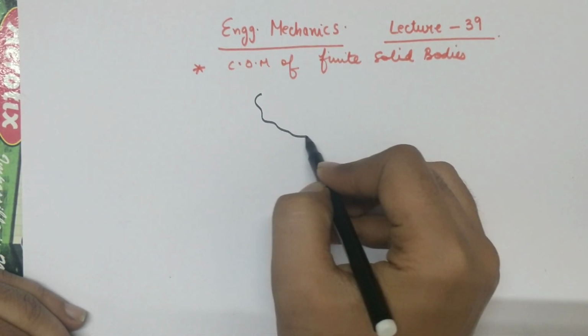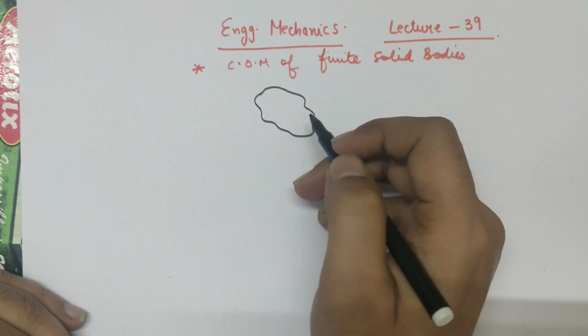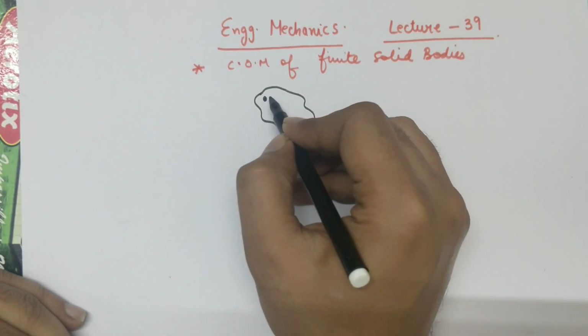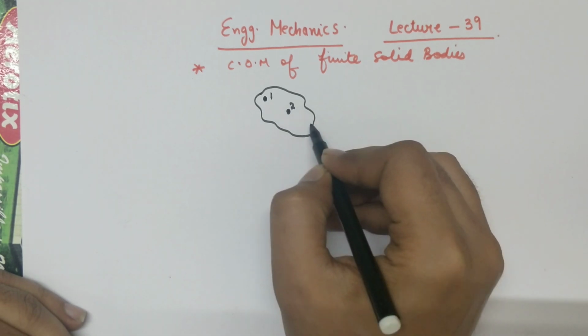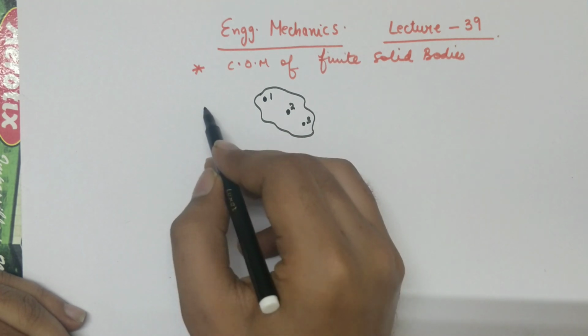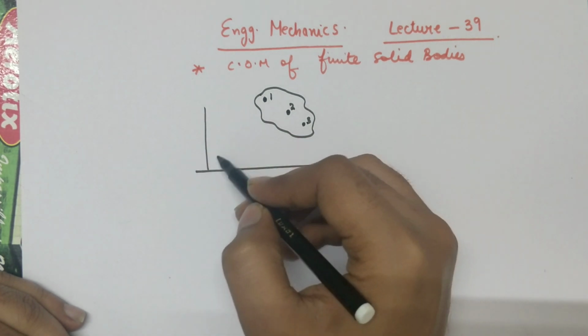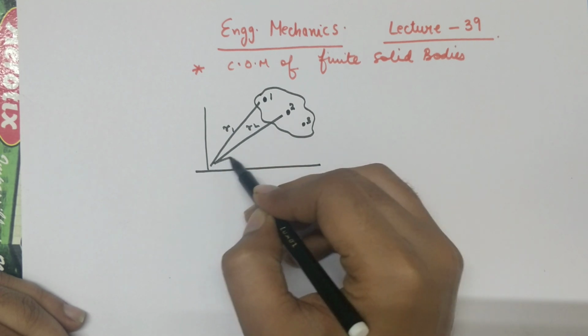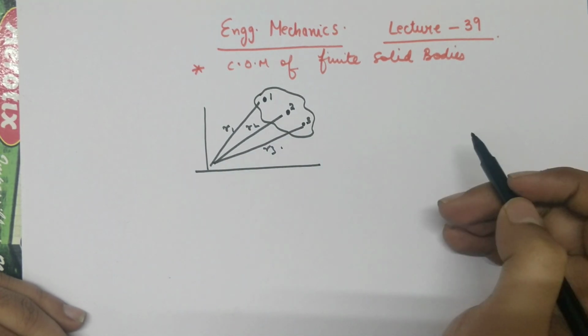Suppose this is a body. It is made up of a number of particles. Suppose there are 3 particles, 1, 2 and 3. Distance from the origin will be R1, R2 and R3 and so on.